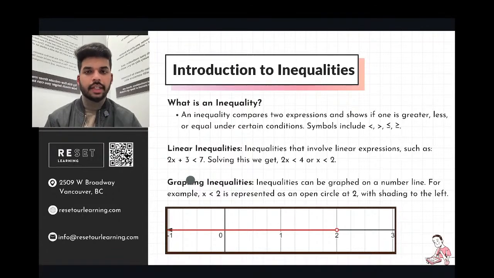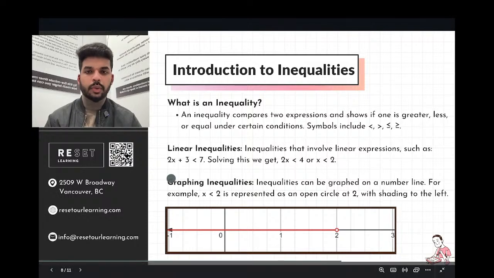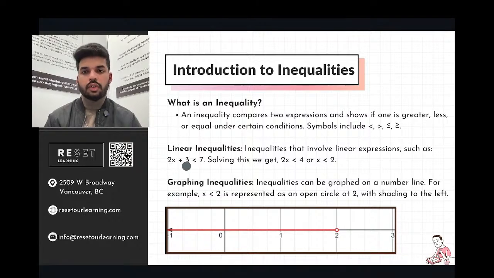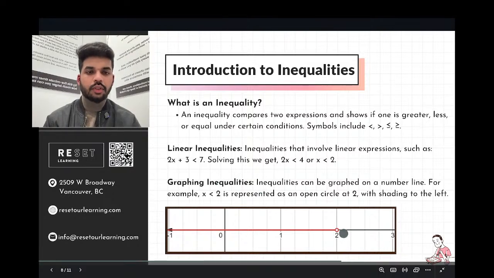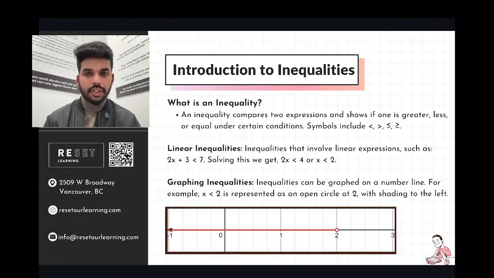Let's take an example. For example, x equals 0, which is within this range. So 2 times 0 is just 0, plus 3 is less than 7, which does make sense. That's why any values less than 2 will always satisfy this inequality.